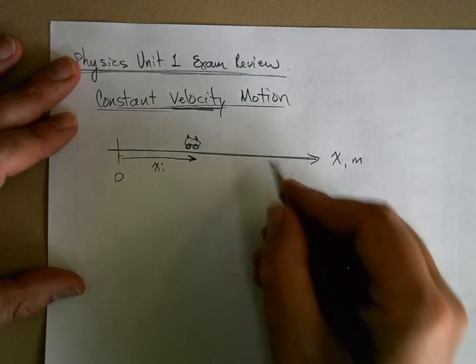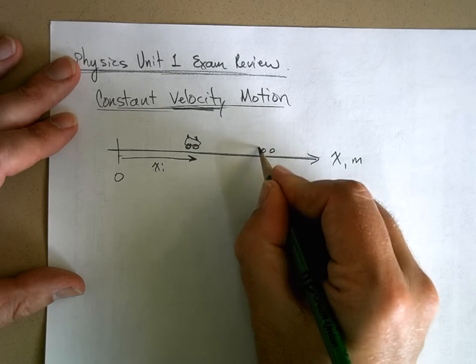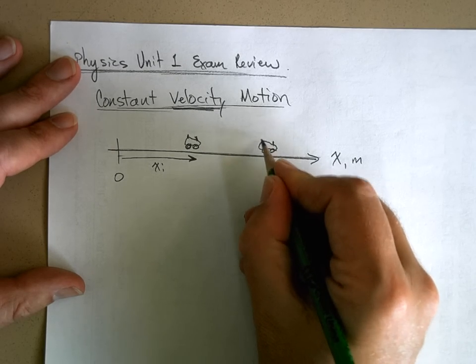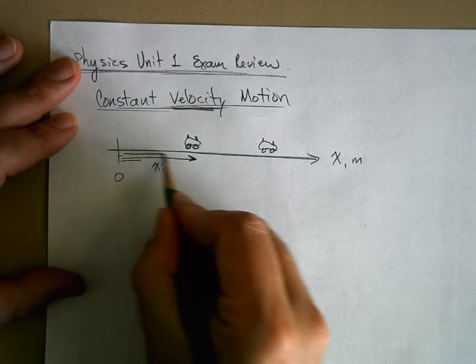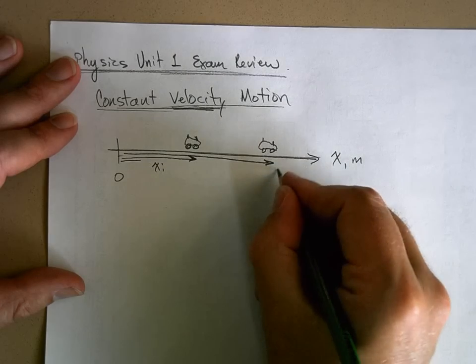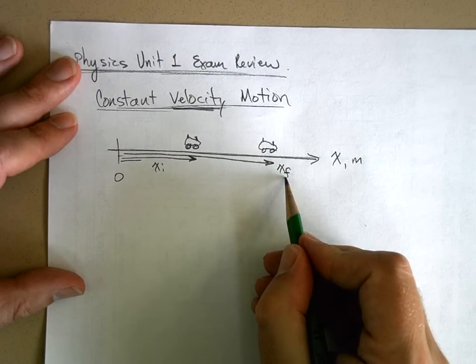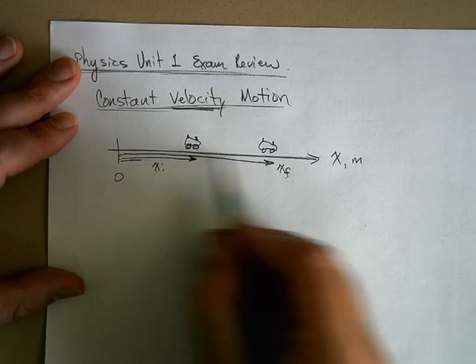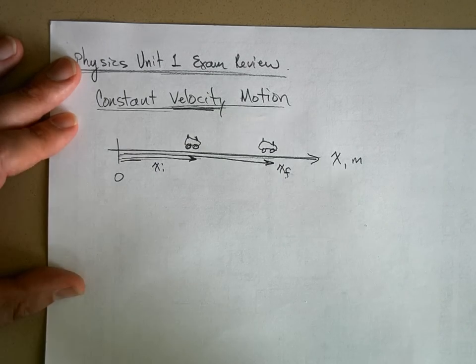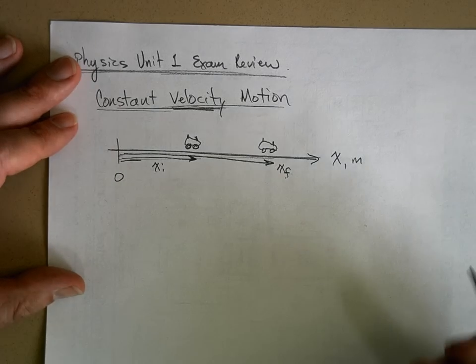If the object moves, in a later period of time, it was over here, we called that, let's put it over here, x final. So here we have the final position, here we have the initial position, and again, both of these position vectors are measured from the origin. And so we had a change in position.